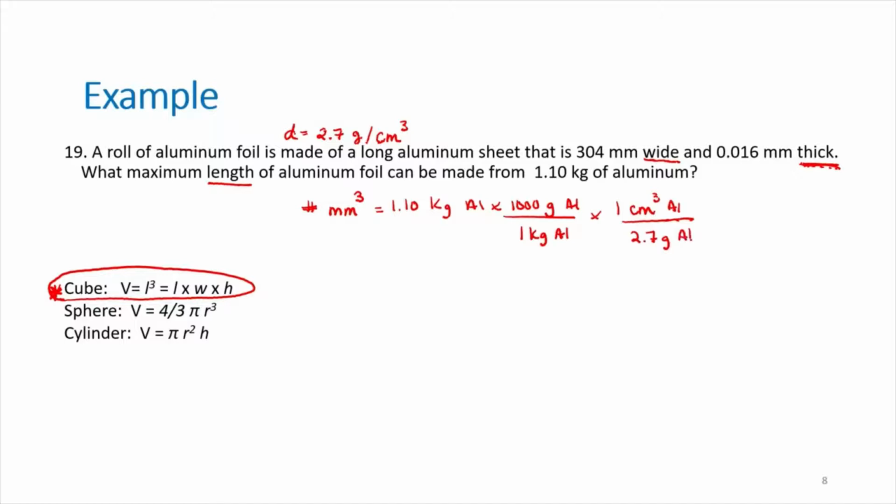That means if I have exactly 1 milliliter or 1 centimeter cubed of aluminum, it will weigh exactly 2.7 grams. So I know I have more grams than that, but it's going to tell me exactly the volume I have in that case instead. I do want this in millimeters instead of centimeters, so I'm going to do one last conversion to get this into millimeters. And I know that it's 10 millimeters in every 1 centimeter.